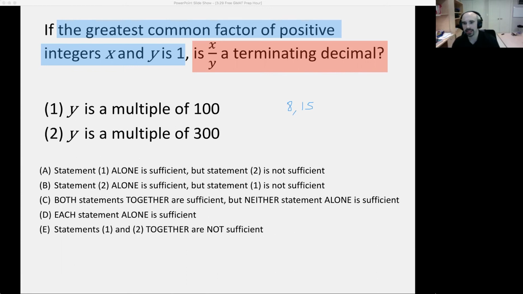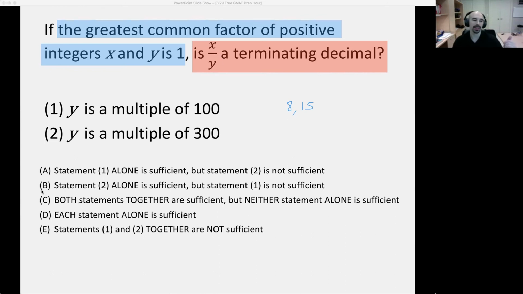Now, Adam says in the chat box that if they don't have any common factors, then x over y will always end up as a decimal, and so I don't even need the statements, and the answer is D. So to Adam and to everyone else, that's never going to happen on the GMAT. There's no answer choice that says we don't need the statements.